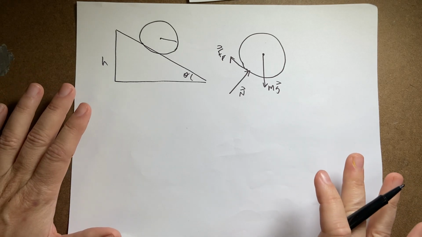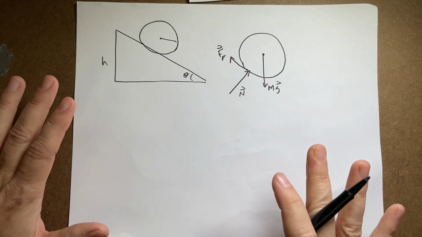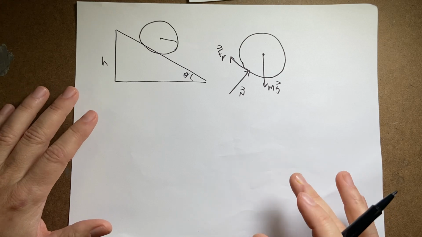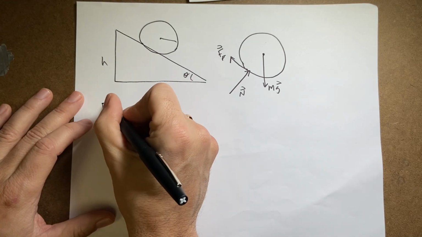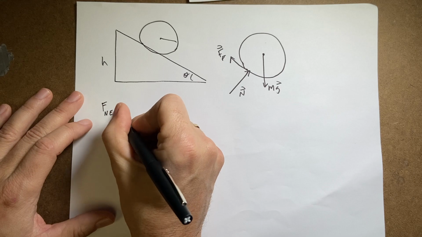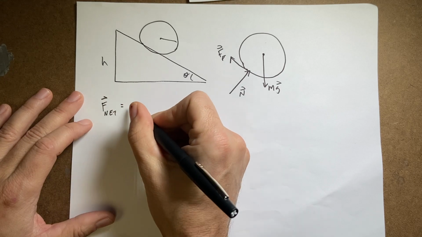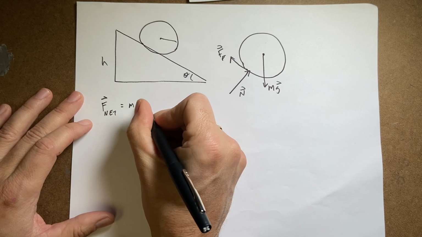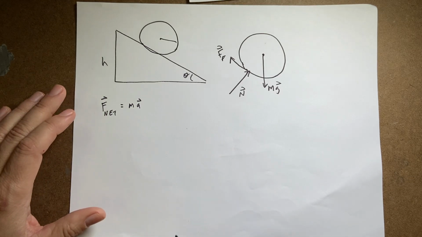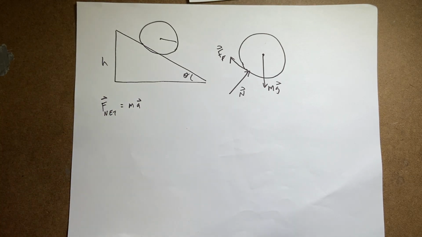It's a rigid object. So for a rigid object, I actually have 2 things. I can say F net vector equals mass times acceleration vector. And I can say, now this is the simpler version of torque.